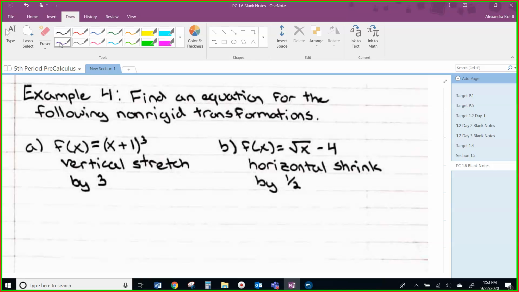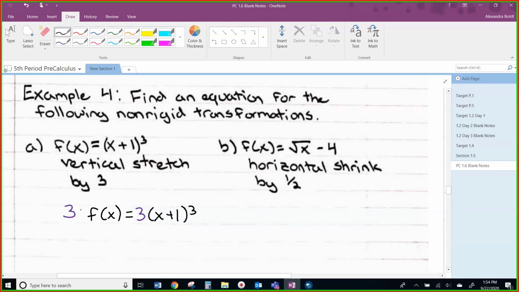So again, since it's vertical, a vertical stretch is on the outside of your function. So we're going to do 3 times f of x, which is just 3 times x plus 1 cubed.